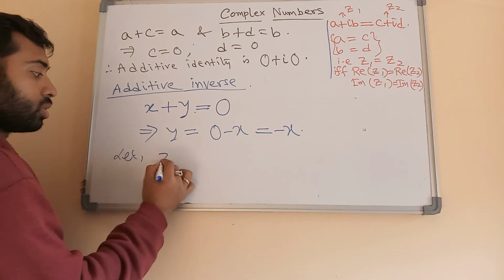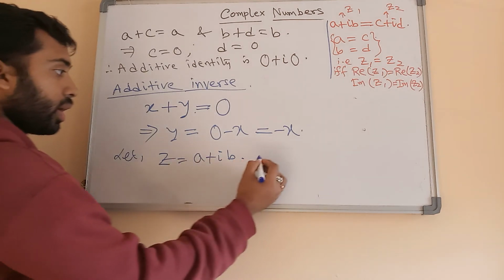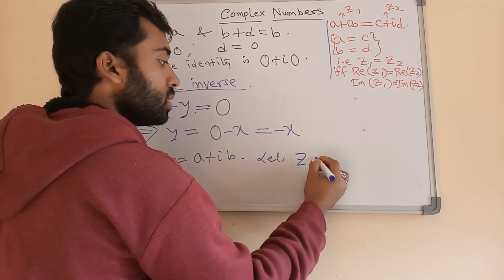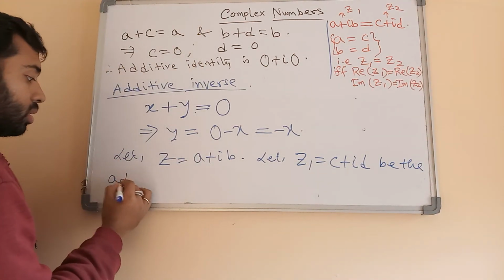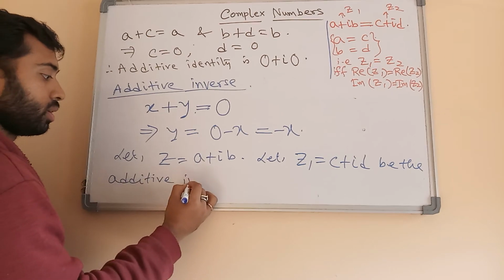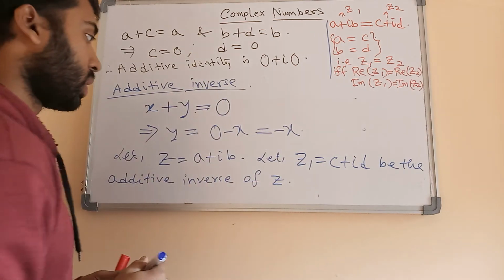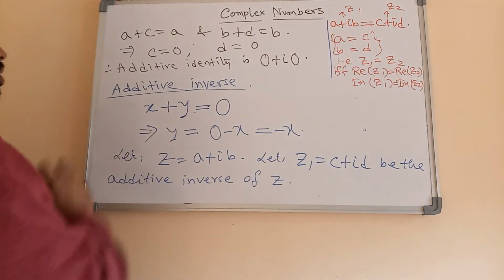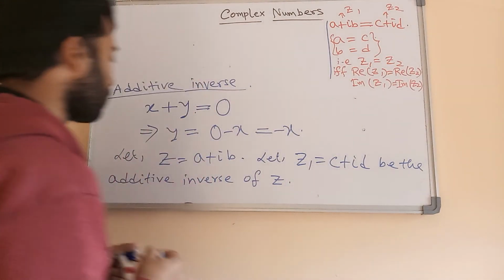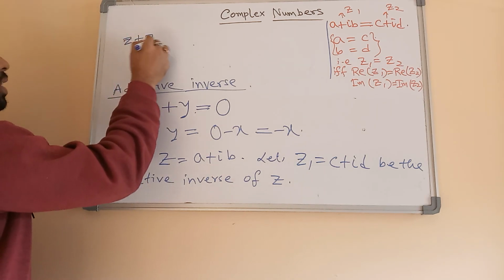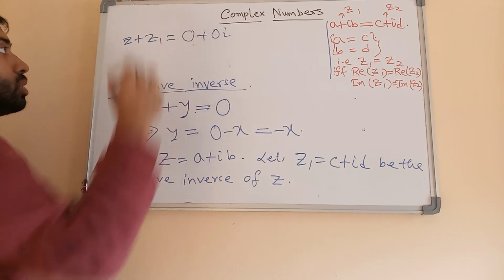Let z equals a plus ib, and let z1 equals c plus id be the additive inverse of z. So from the definition of additive inverse, this implies z plus z1 will be additive identity. So additive identity is 0 plus 0i.